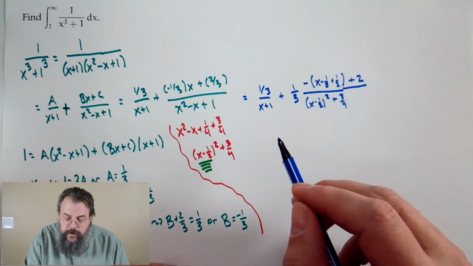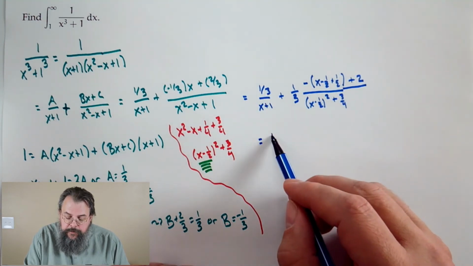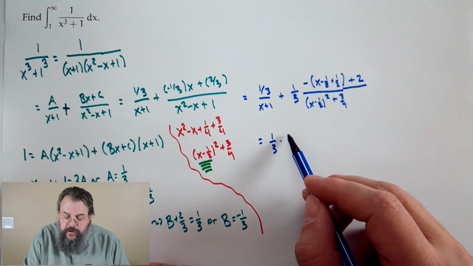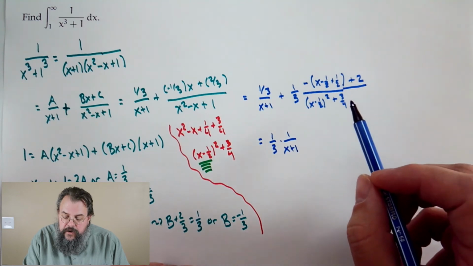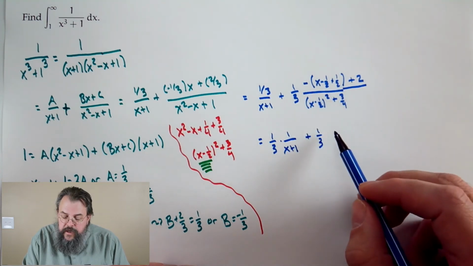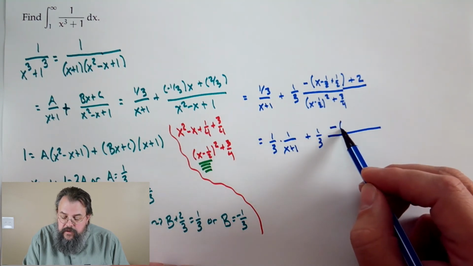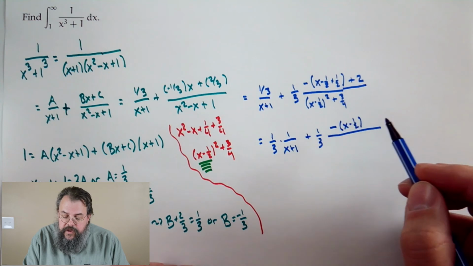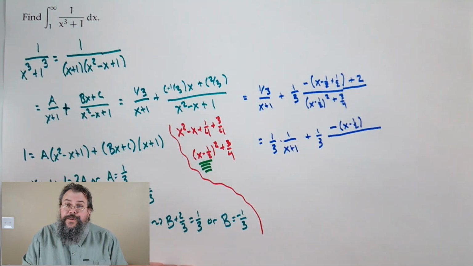All right, so what do we have? This is the first term. Well, let's go ahead and pull that 1/3 down. So 1/3, 1 over x plus 1. And now there's still this 1/3. And here in the numerator, we have minus x minus a half. And notice what you have. You have minus a half plus 2.